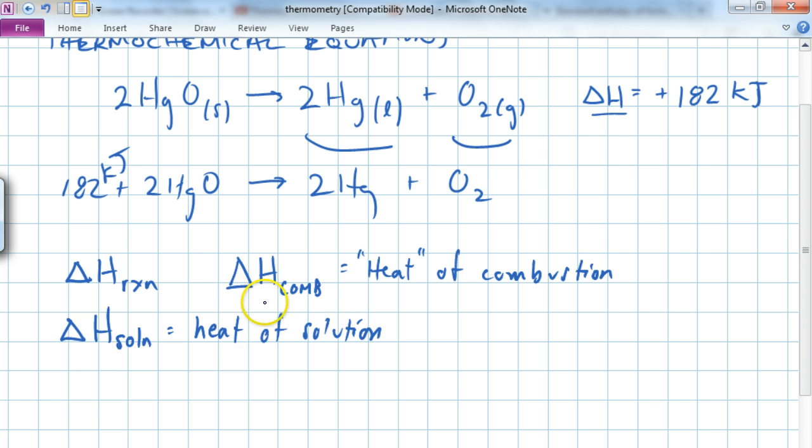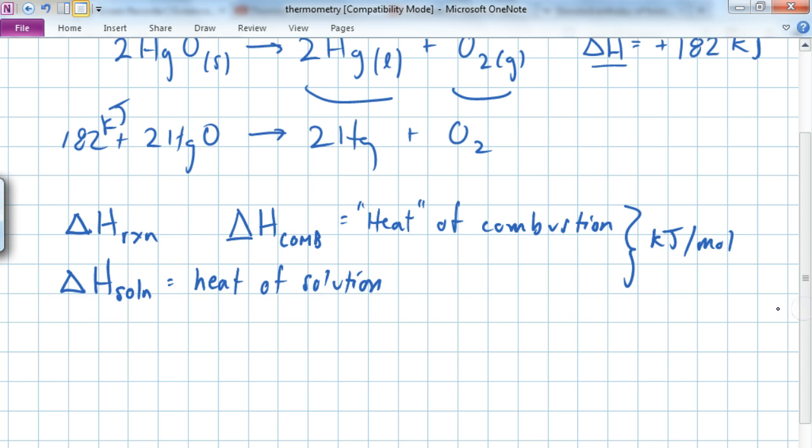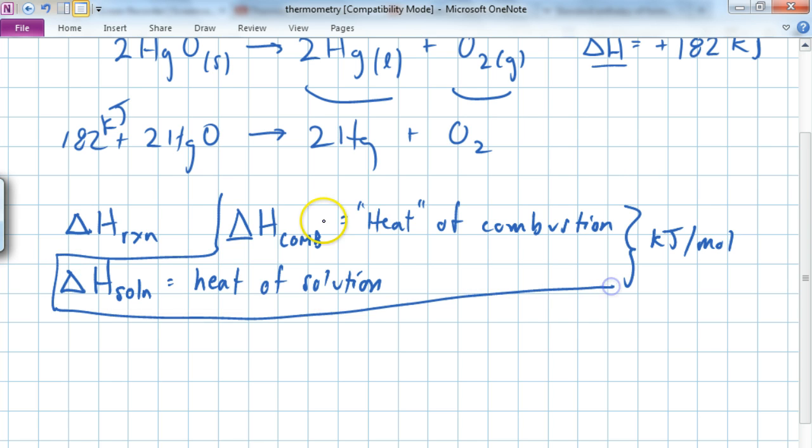Now, typically these are going to be listed in terms of kilojoules per mole. So heat of combustion and heat of solution are going to be in terms of kilojoules per mole. For example, you might see sodium chloride, and you might see its heat of solution listed in terms of kilojoules per mole of sodium chloride. Heat of combustion might be listed in kilojoules per mole of propane.